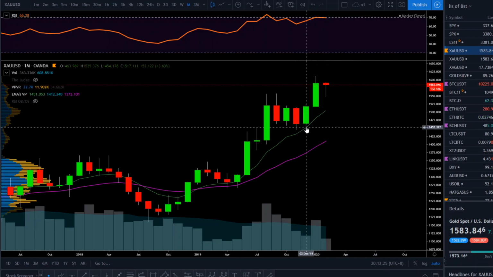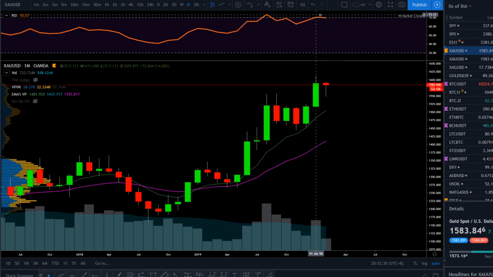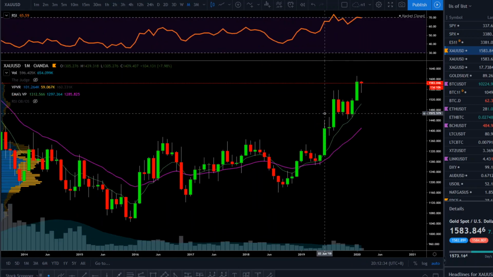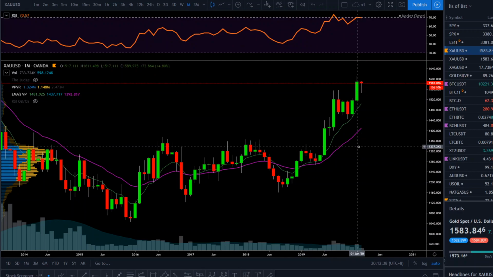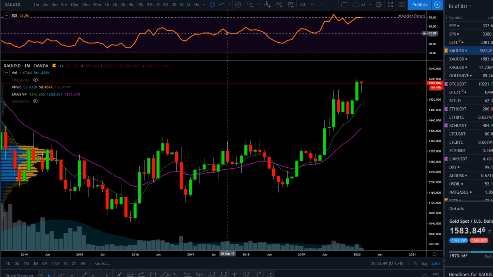We bounced directly off this 8 EMA, the green EMA. We might have this bearish divergence here, but it doesn't have to play out. It can just keep going up. It's just something to be aware of. And we had a spike on the volume here on the way up. So yeah, that's the monthly.